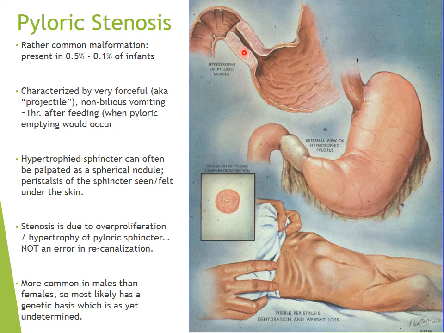This surgical treatment is known as pyloromyotomy, releasing and cutting the muscles in the pyloric region. So that is all about the development of the stomach and its congenital anomalies.